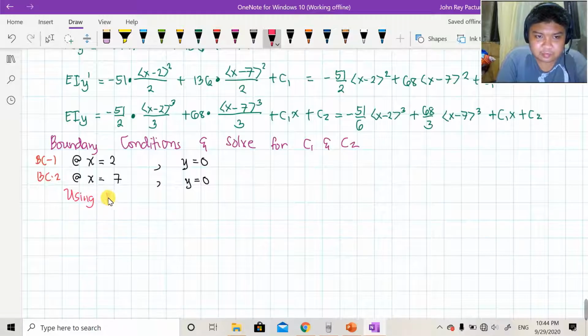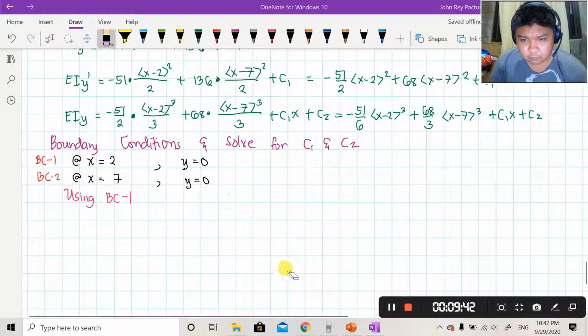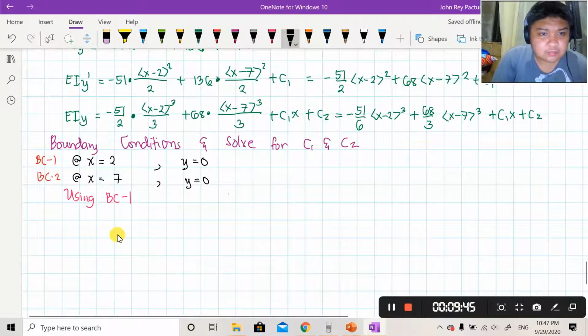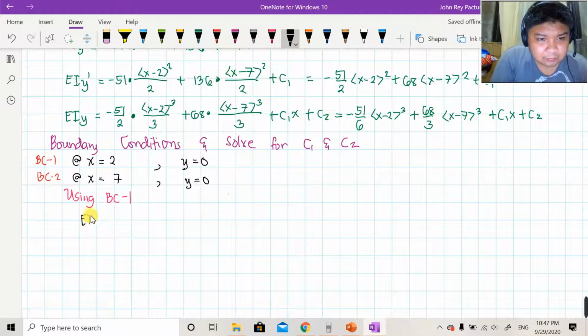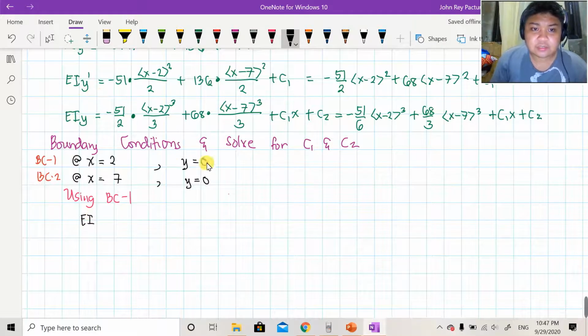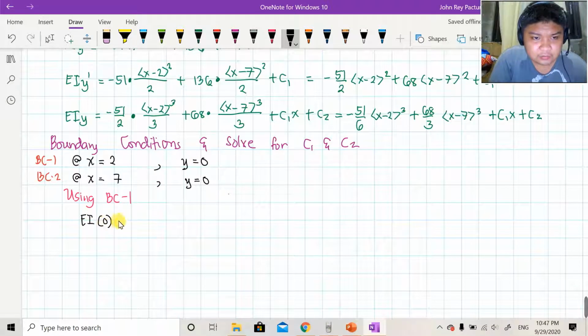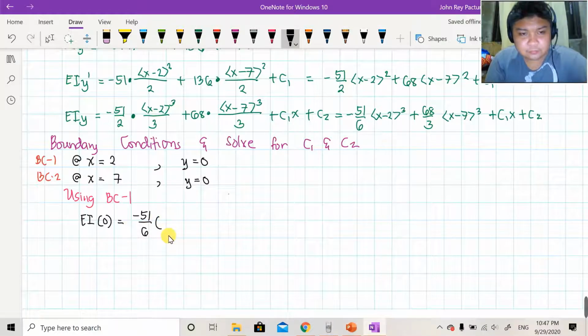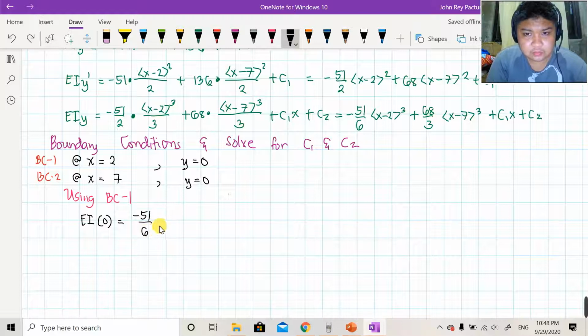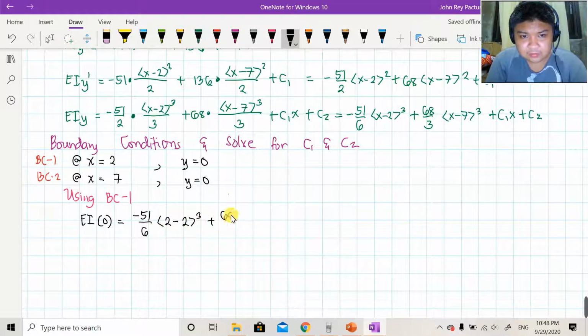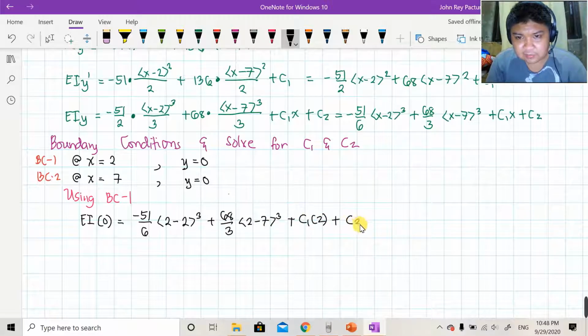So, using boundary condition 1, when we substitute 2, class, what happens is EI, of course, I will use EI y because this is y. So, EI times 0 equals negative 51 over 6 times (2 minus 2) cubed plus 68 over 3 times (2 minus 7) cubed plus C sub 1 times 2 plus C sub 2.